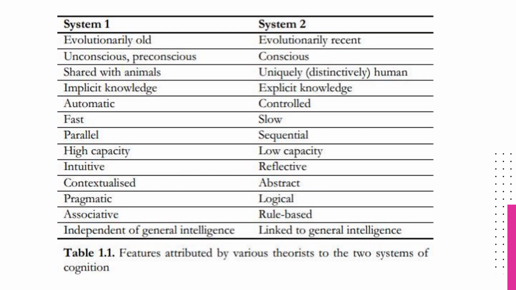So we can see a list of the qualities of System 1 and System 2 here. These have been attributed to the two systems by different thinkers. We see with System 1 we've got a system that's evolutionarily old.